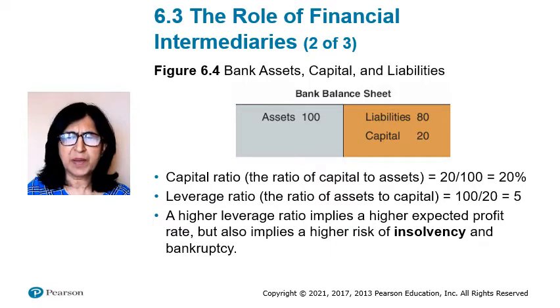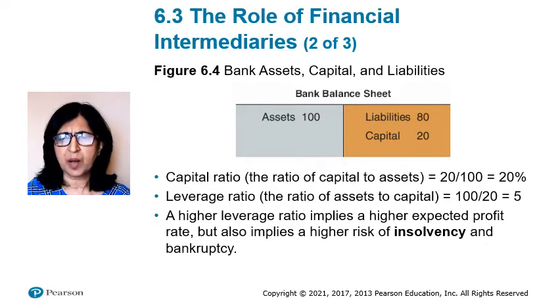The left column has the following information. The bank has assets equal to $100. These could be cash, reserves in the bank's vault or deposits at the Fed, US Treasury bills, loans to people or firms such as mortgages or business loans or student loans or loans to other banks.